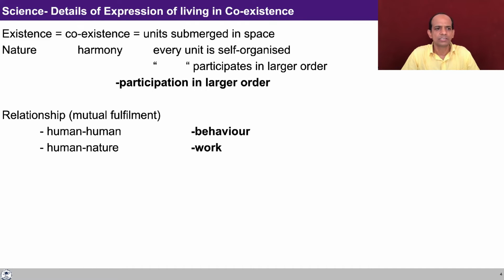The units are submerged in space. And as an outcome, we are able to see that the nature is there in harmony. In the nature, every unit is self-organized and every unit is participating in the larger order. So this is something which is there at the essence of the science.